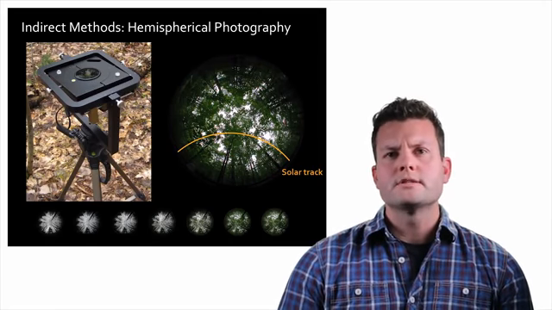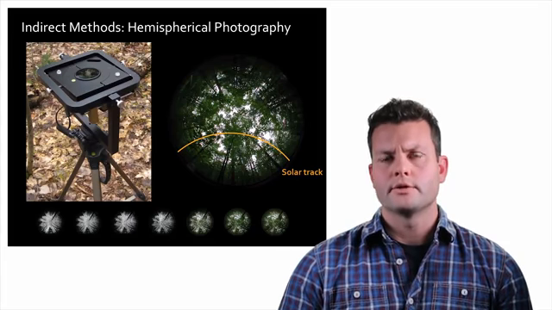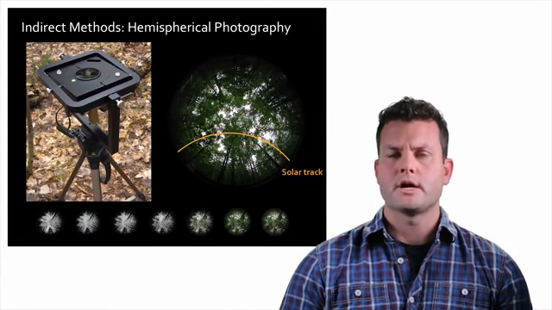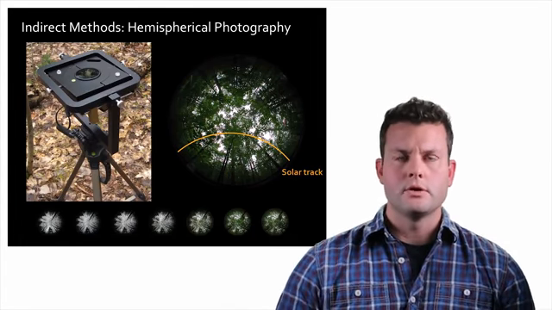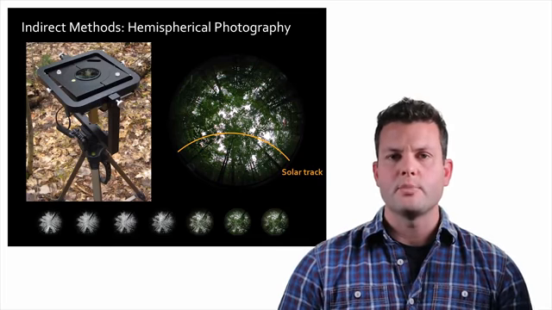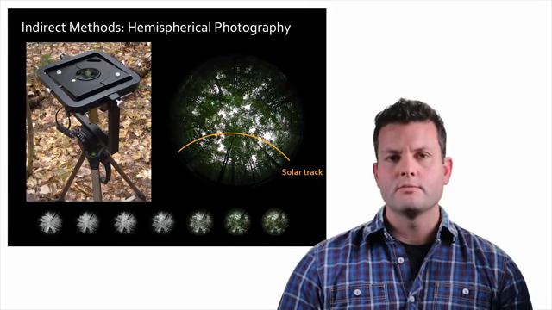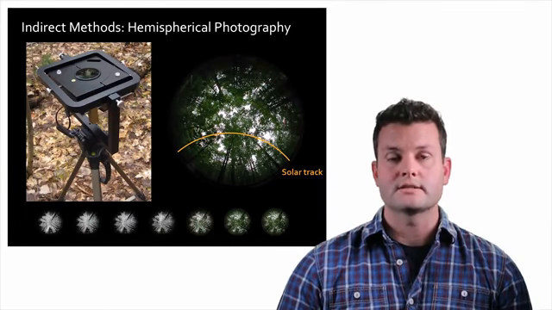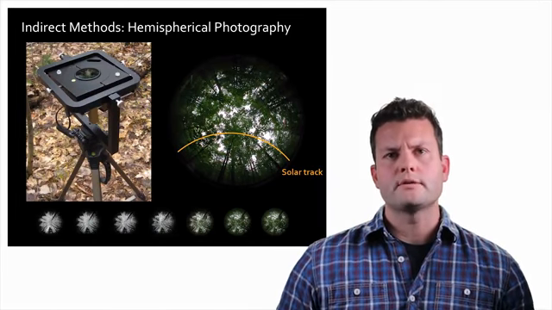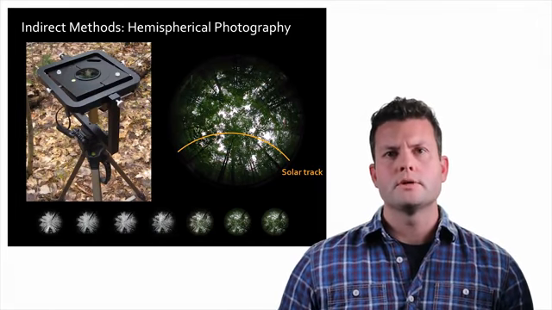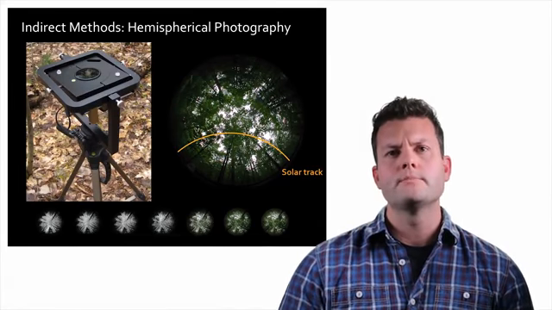So one of the things that's unique about hemispherical photography as opposed to some of the other methods I'll talk about is that you're collecting an image of the canopy, which is an extremely data-rich data set, because you have both the spatial component, but then also this color component.